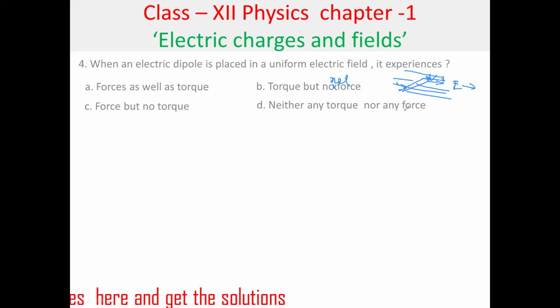So the net force, these two forces F1 and F2, are equal. So the net force would be 0. But there will be a torque because these two forces are working in opposite directions. It will rotate like this. So the answer would be option B.